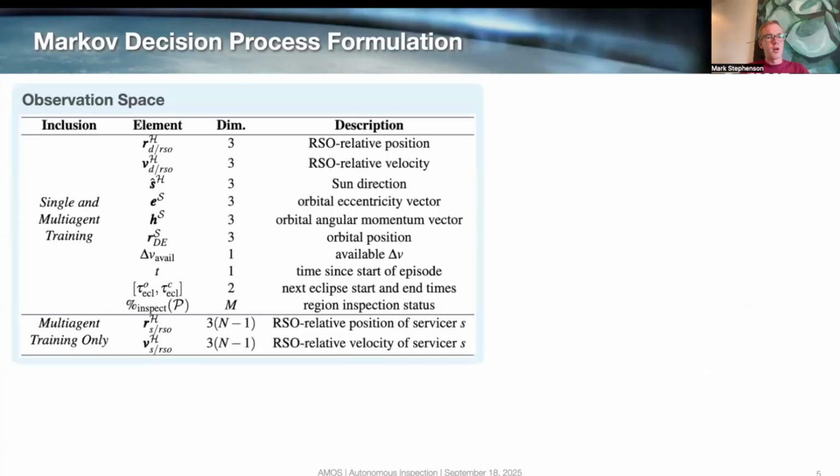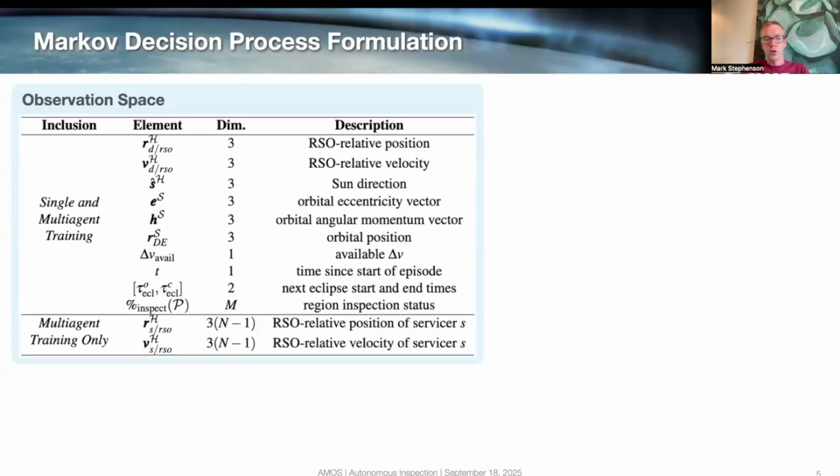To formalize this as a Markov decision process, which is necessary to do reinforcement learning, we need to define the different parts of the tuple. So first off, we have our observation space, which includes information about where the satellite is relative to the RSO, where it is in its orbit, how much delta V we've used, when we're going to an eclipse, and most importantly, what fraction of various discrete regions of the RSO have been inspected.